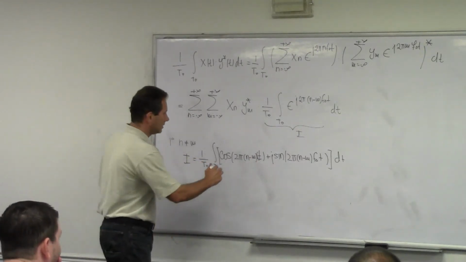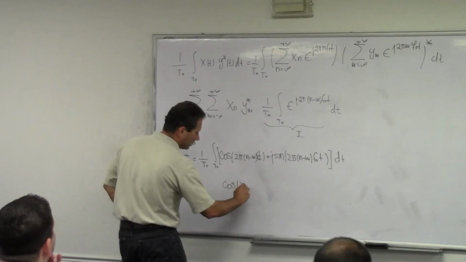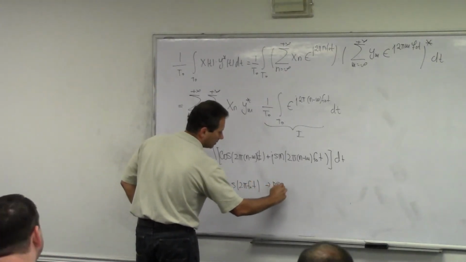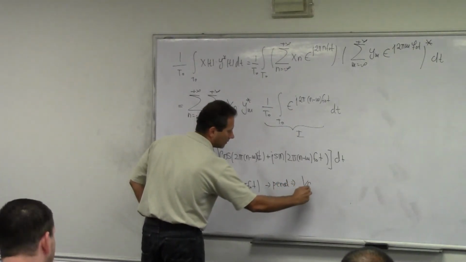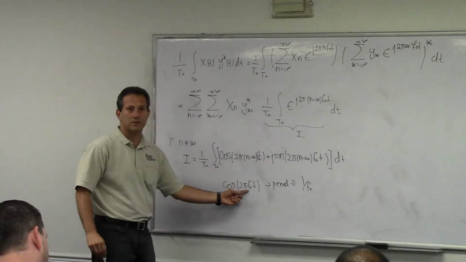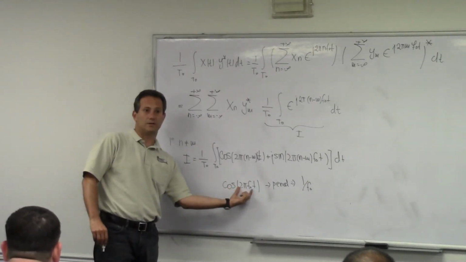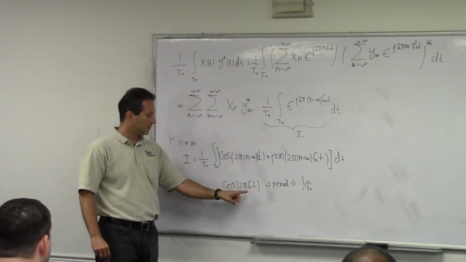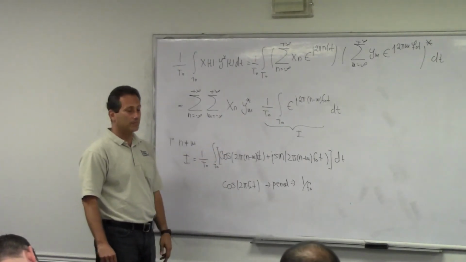If you have a cosine 2 pi f0 t, then the period is what? 1 over f0, right? 2 pi over omega, where this is omega. So this is frequency, and the period is 1 over frequency.